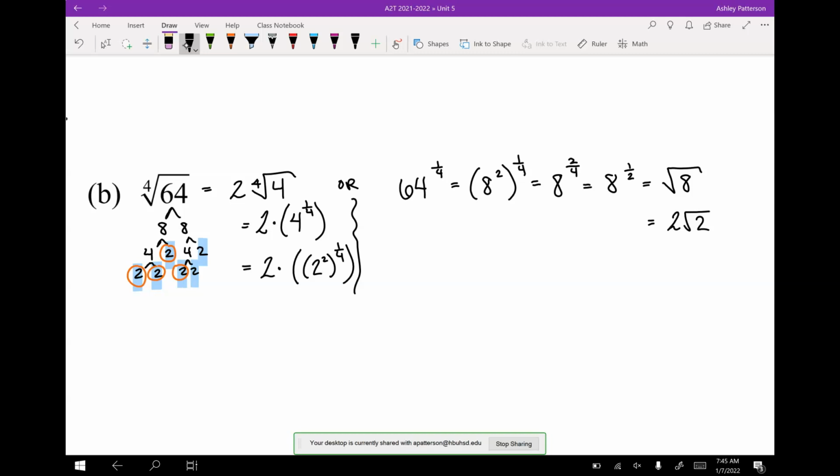We have a power raised to a power, multiply. So we get 2 times 2 to the 2/4. And what does 2/4 simplify to? 1/2. So we get 2 times 2 to the 1/2 power, which is 2 times the square root of 2.